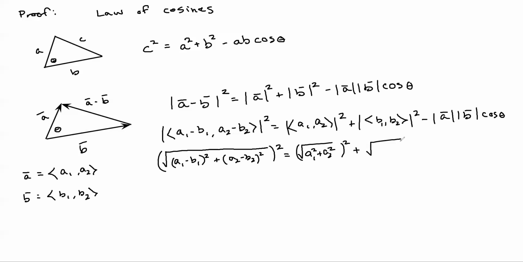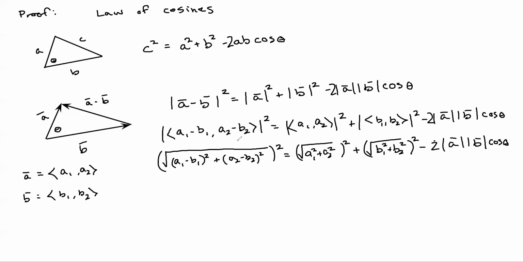And then here, B1 squared plus B2 squared. Oh, my apologies. There's supposed to be a 2 here. And then we get length A, length B. That was just me transcribing the law of cosines incorrectly.